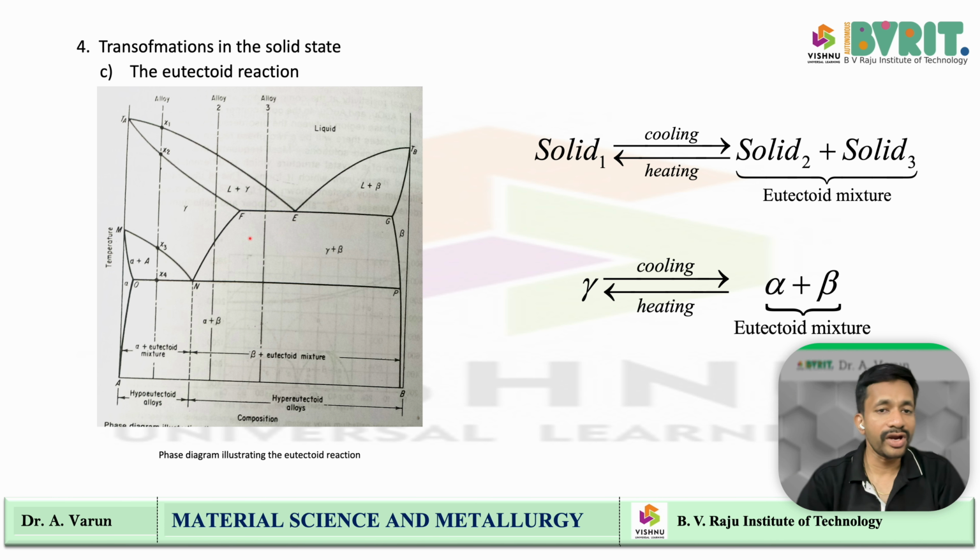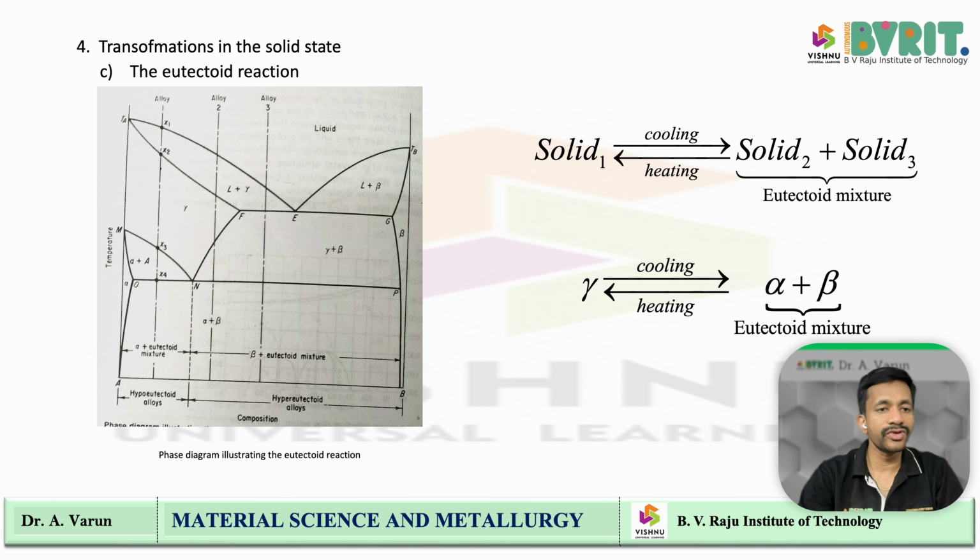So in the case of the eutectoid reaction, a solid gives rise to two new solids. Like in this case, at this point you have a solid gamma giving rise to alpha plus beta, and that happens at this temperature and composition, and the mixture is called the eutectoid mixture.